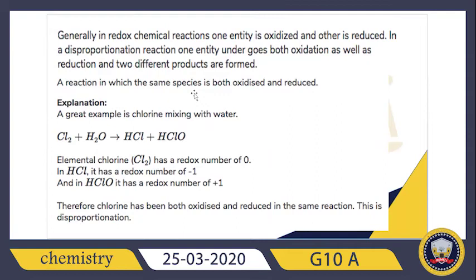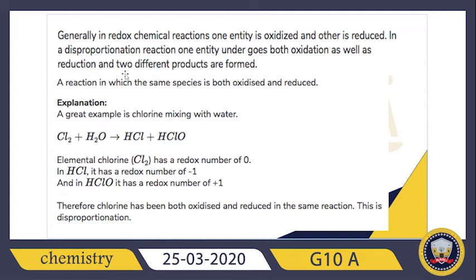Again, what is disproportionation? Generally, in redox chemical reactions, one substance, element or compound, is oxidized and another is reduced. In a disproportionation reaction, one entity undergoes both oxidation as well as reduction, and two different products are formed.